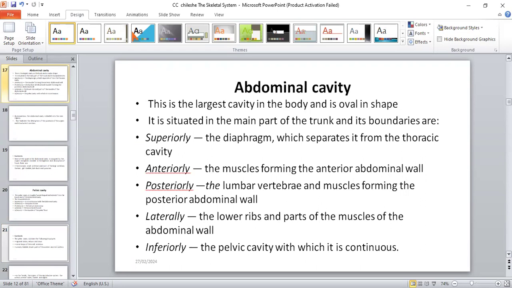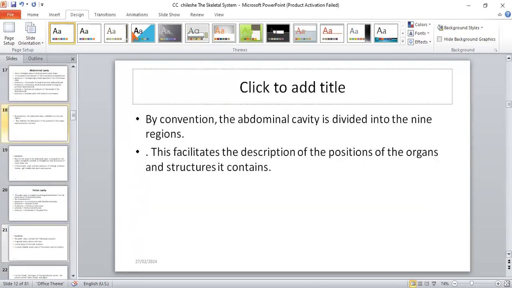Anterolaterally, we have the muscles of the abdominal wall. Posteriorly, we have the lumbar vertebrae and some muscles also. Laterally, we have ribs on the upper part. Inferiorly, it is continuous with the pelvic cavity.